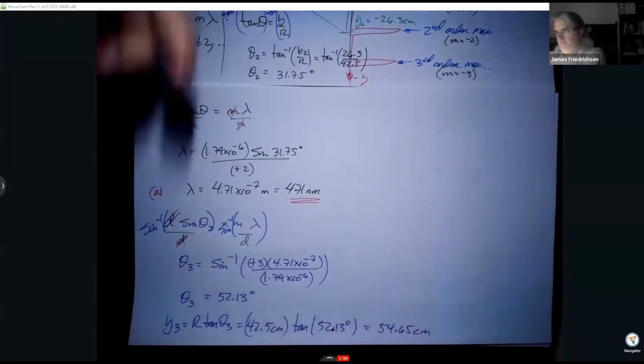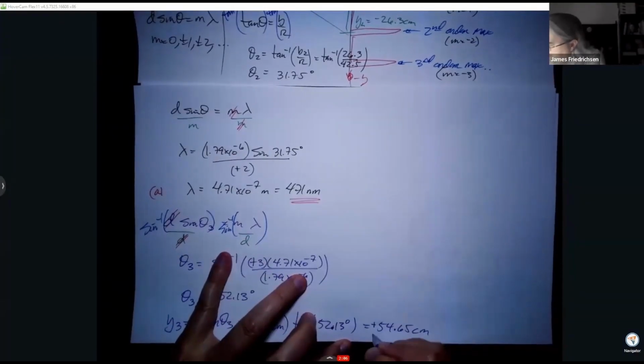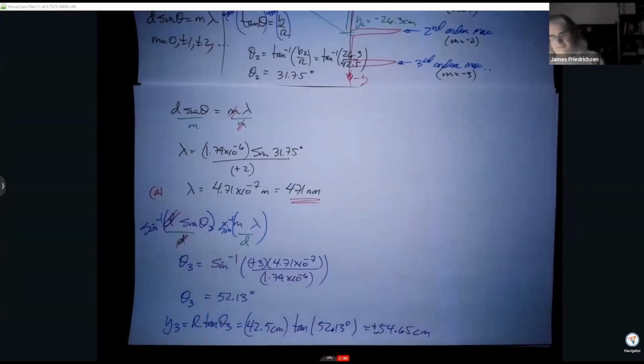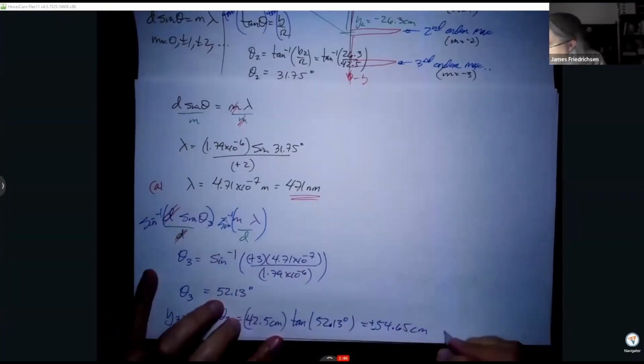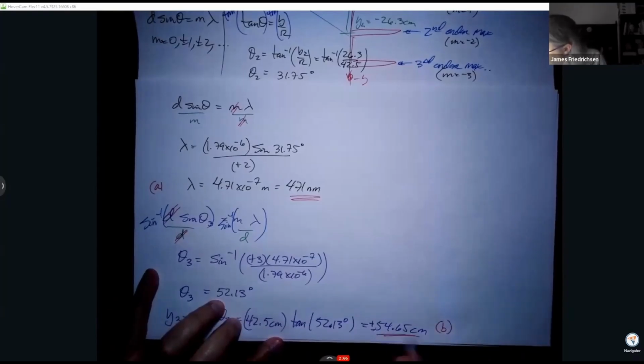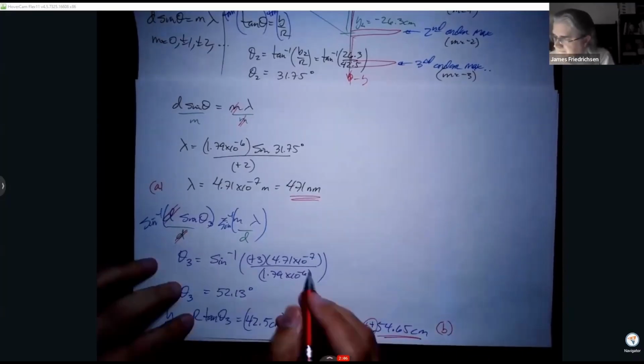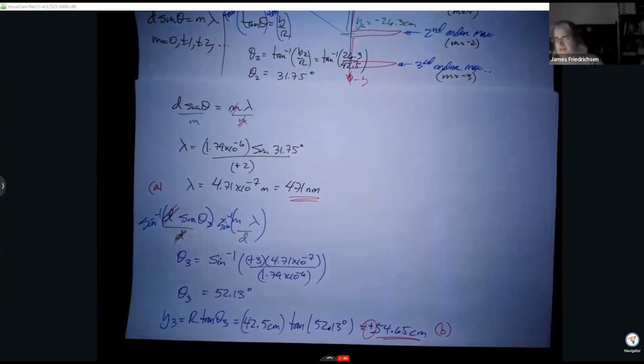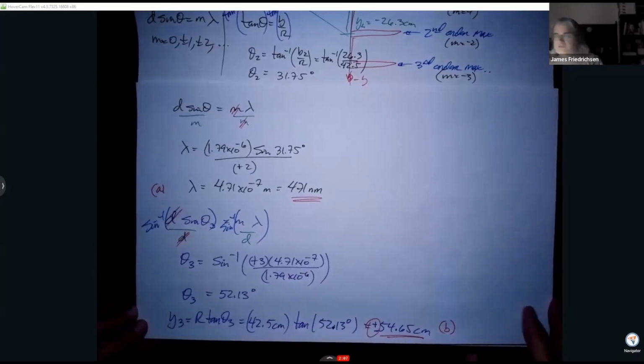So that's the up one, and then the down one is the same thing, but minus. So this is B with the little plus and minus. Okay. Now, that was the question they asked.